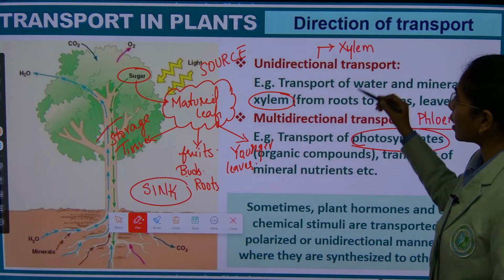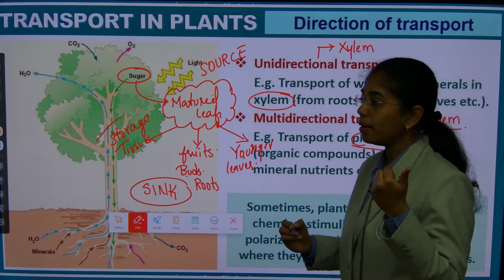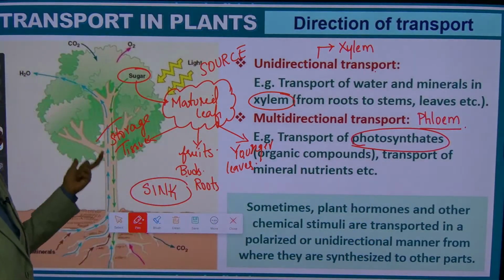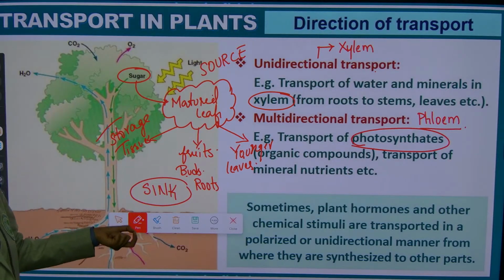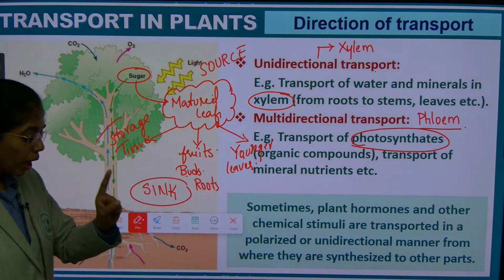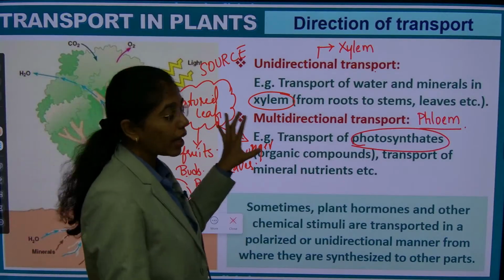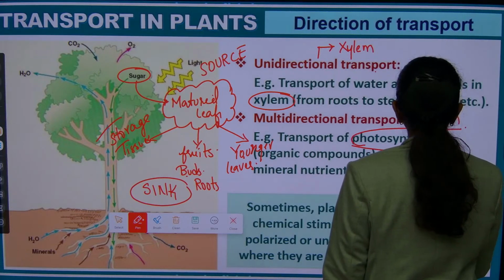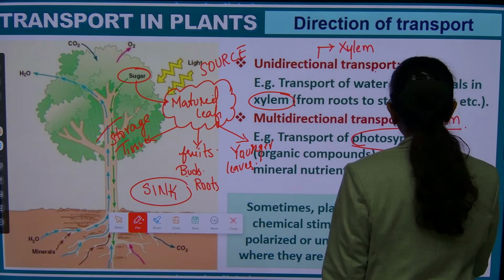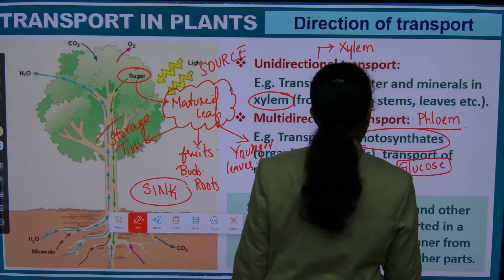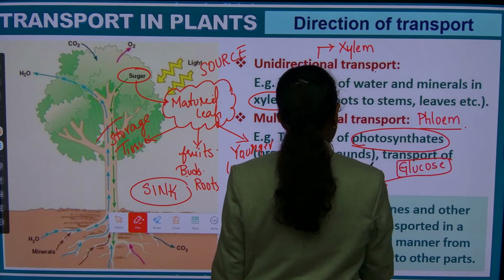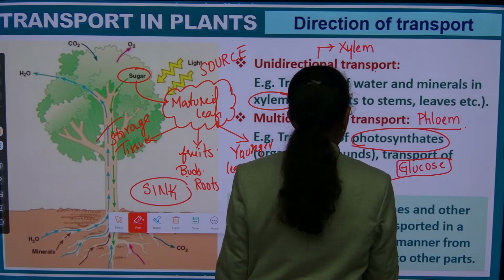So, fine, right? You are clear with unidirectional transport and multidirectional transport. Multidirectional transport here is the transport of photosynthates, that is organic compounds, that is glucose molecules. One more point to be highlighted: in plants, if glucose has to be stored immediately after formation, it will be stored in the form of starch.